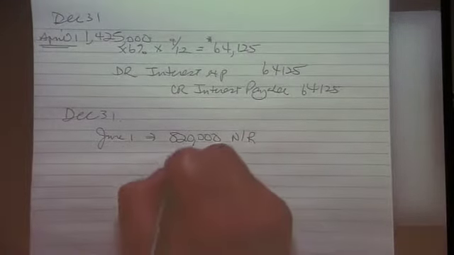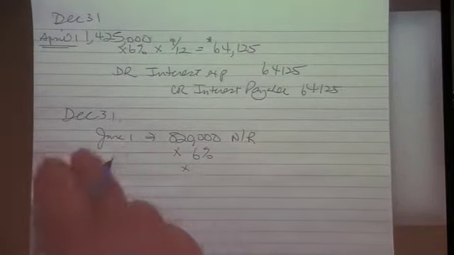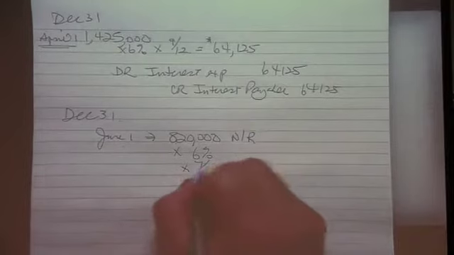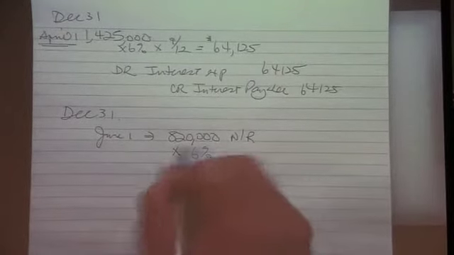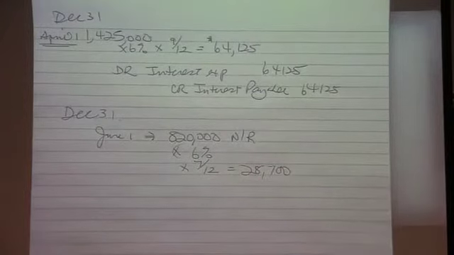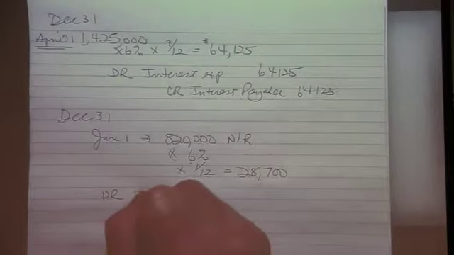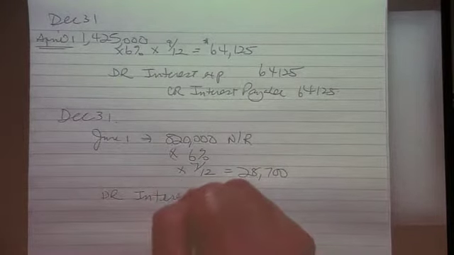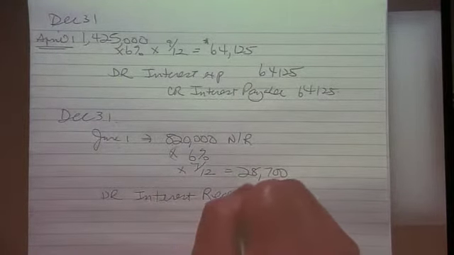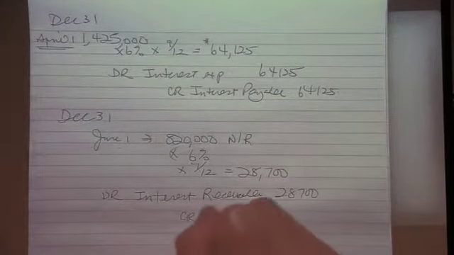So we're going to take the $820, and it was at 6%, but this time, because it's June 1st, it's 7 over 12. Because remember, these are annual rates. So $28,700. So we're going to debit interest receivable, and credit interest income.